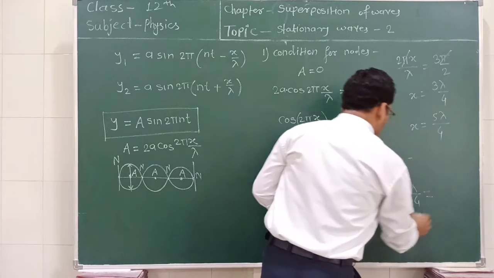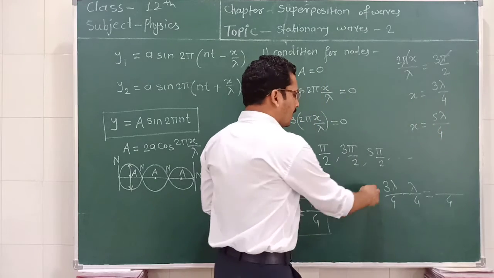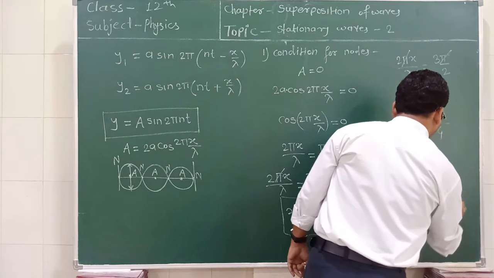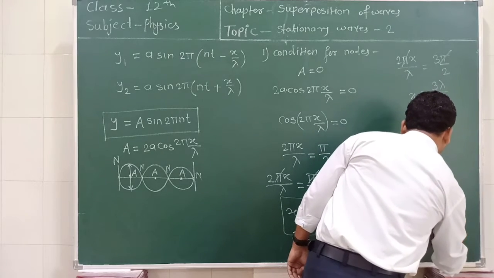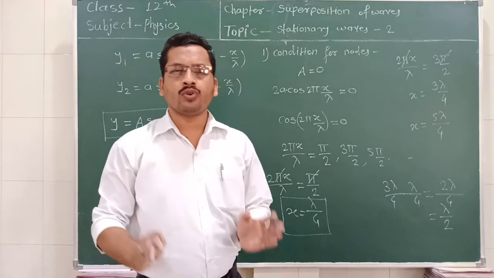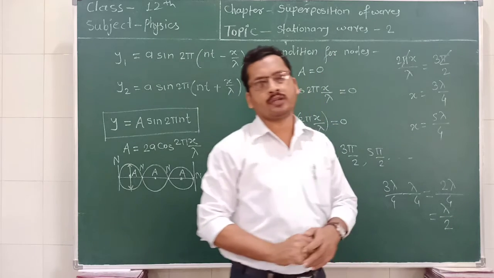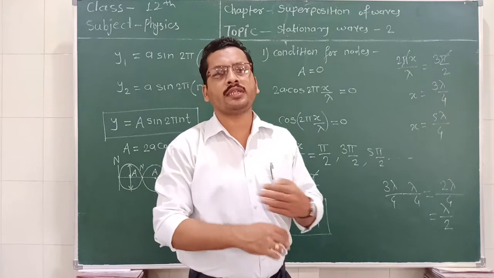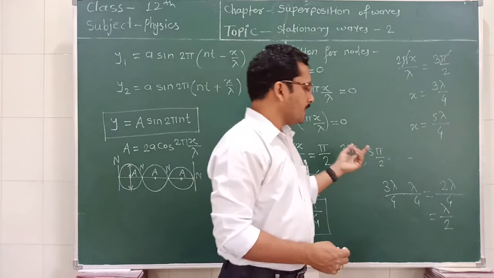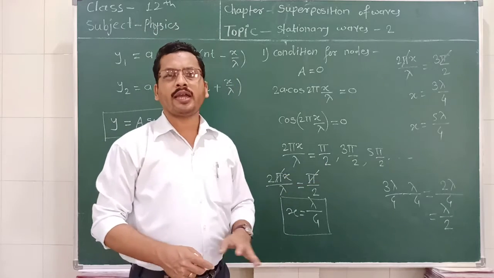With the common 4, we write 3λ minus λ, which is 2λ, so it is equal to λ/2. So the distance between two successive nodes is equal to λ/2. After every λ/2 there is a formation of a node.